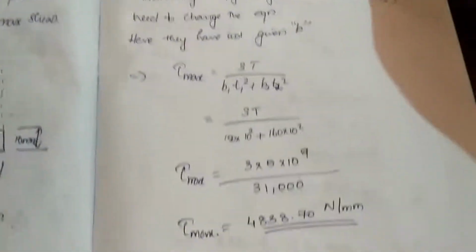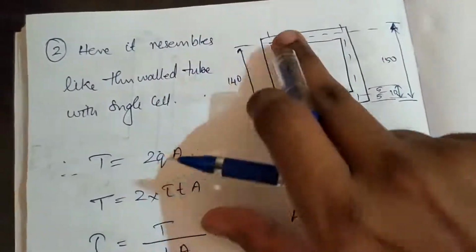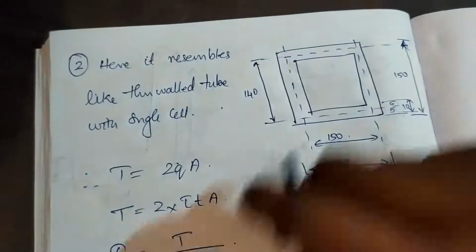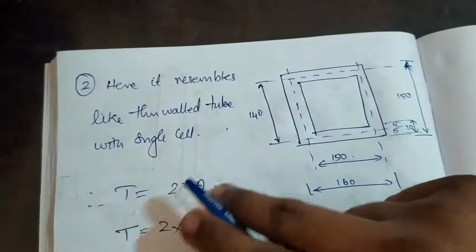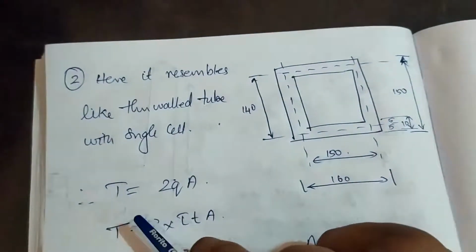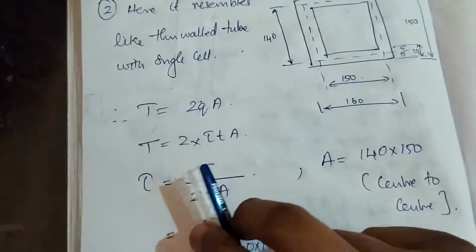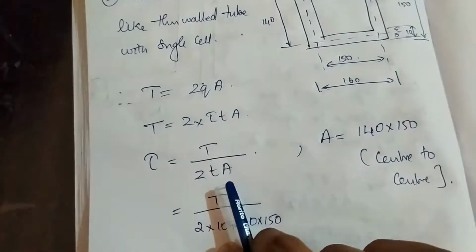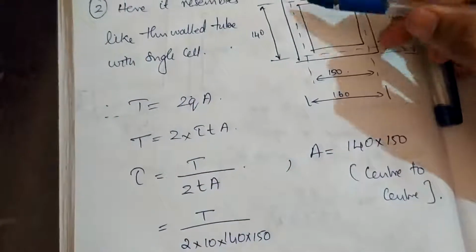We get tau max here, but in the second case it is a hollow rectangular cylinder, so you cannot apply this equation. You need to apply the shear flow pattern, that is torque T is equal to 2qA, and T is equal to 2 tau t A. So tau is equal to T by 2tA. Here A is based on the central median distance.